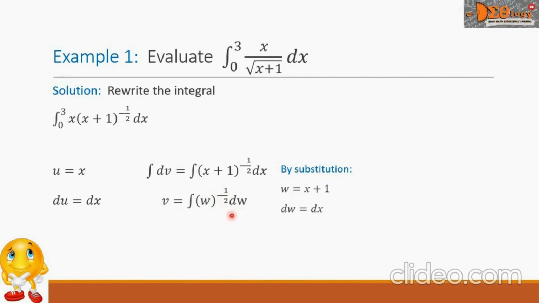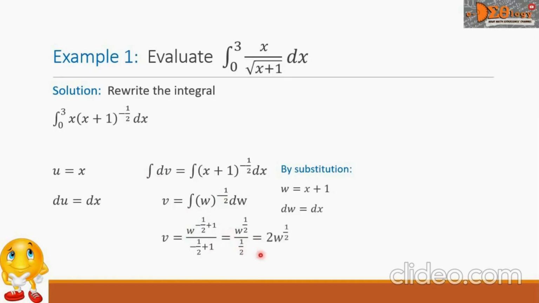Using the power rule, we have now w raised to negative 1/2 plus 1 all over negative 1/2 plus 1. The negative 1/2 plus 1 is positive 1/2. So w raised to 1/2 over 1/2. Let us simplify this 1/2 by flipping it up, thus making this denominator 2 the coefficient of w.